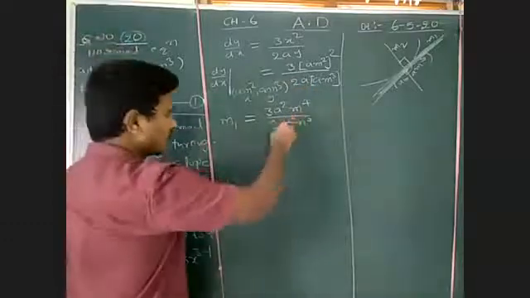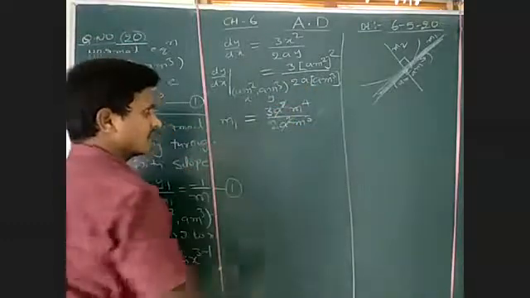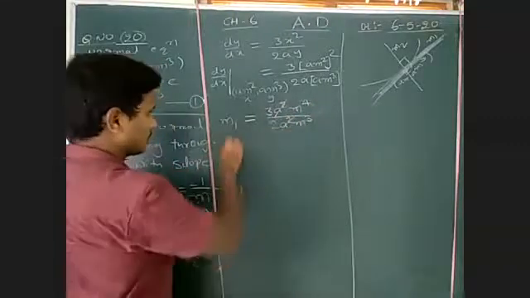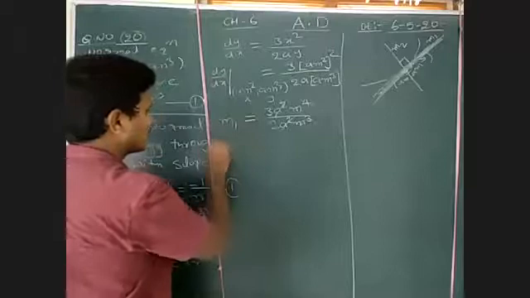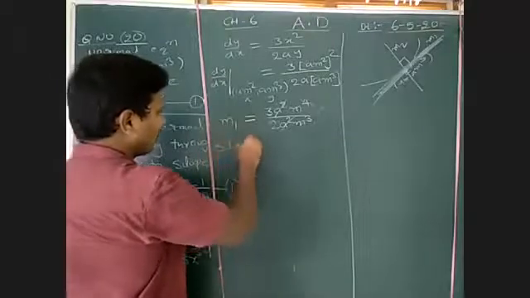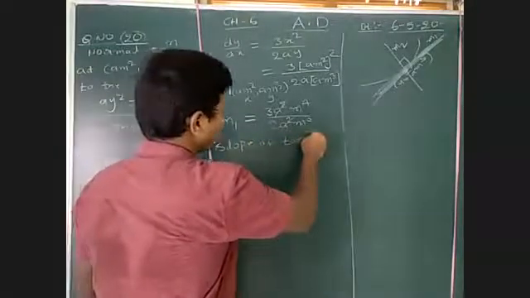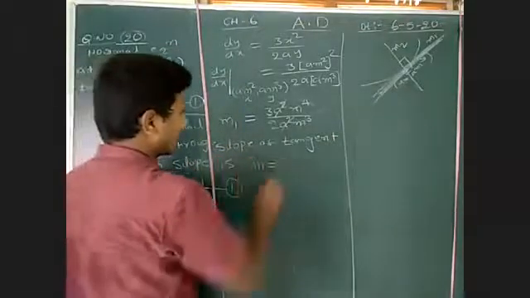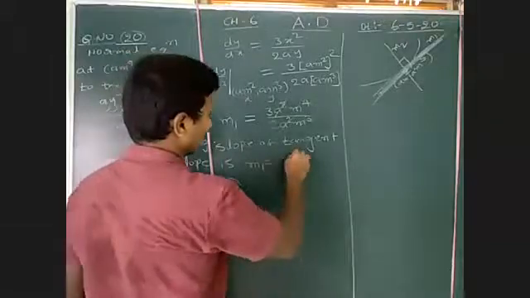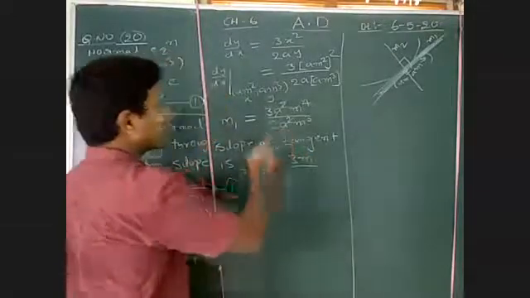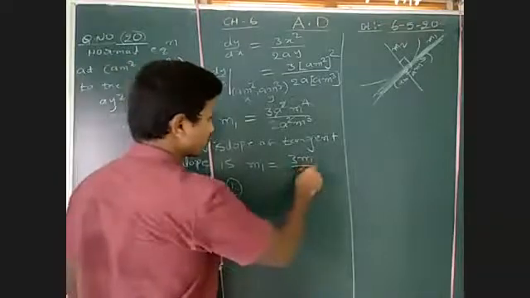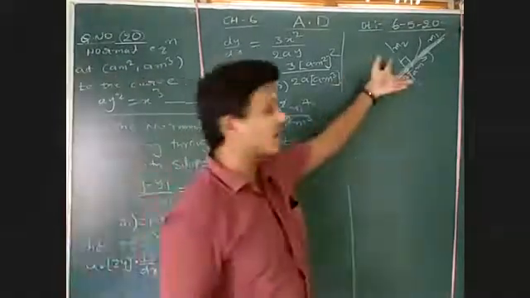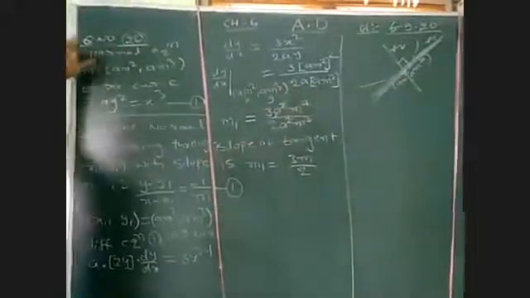Now a square cancels, m cube cancels, remaining value here is m. So finally the slope of tangent m1 is equal to 3m by, what is the remaining value in the denominator, 2. This is the slope of tangent, but we require the slope of normal because they are asking for the normal equation.